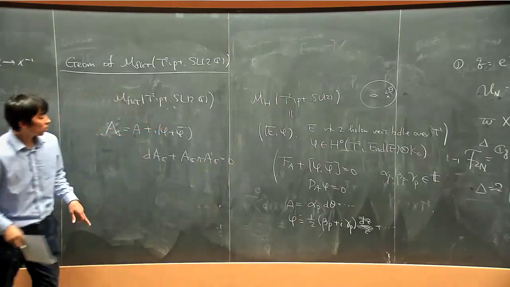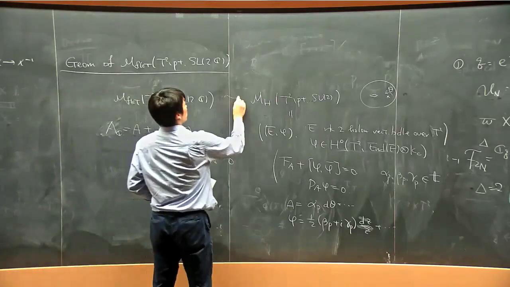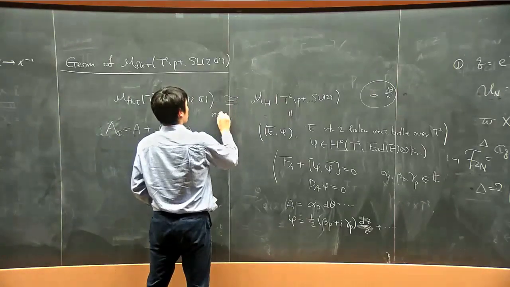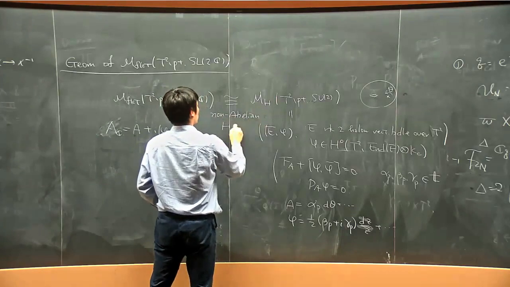Okay. So therefore, the moduli space of flat connections is diffeomorphic to the moduli space of Higgs bundles, which is called the non-abelian Hodge correspondence.